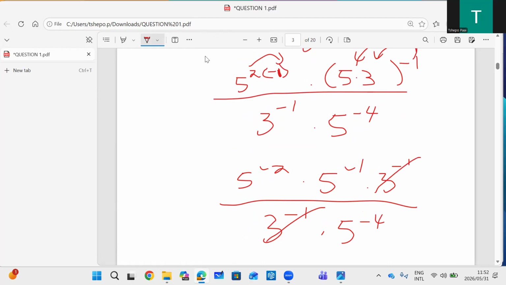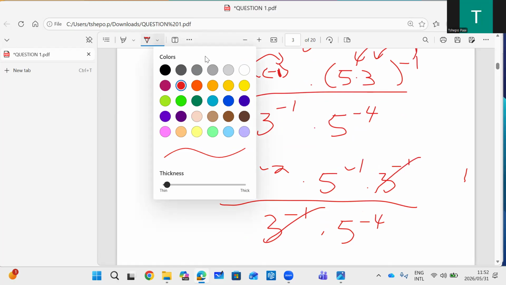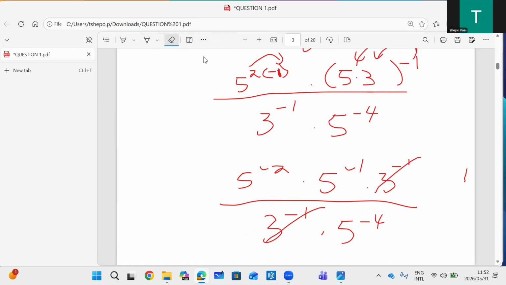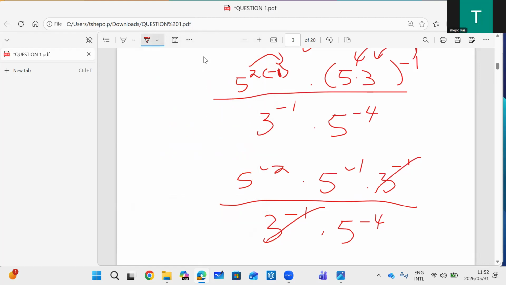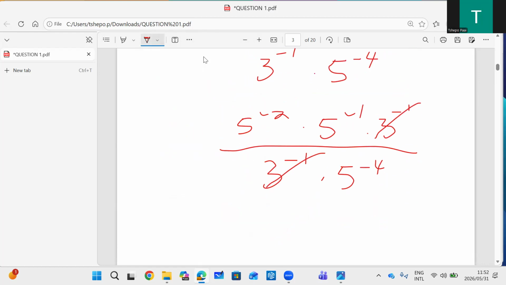So this one will give us 1. We can cancel out. And then what will we be left with? Moving on. The bases are the same and we are multiplying.